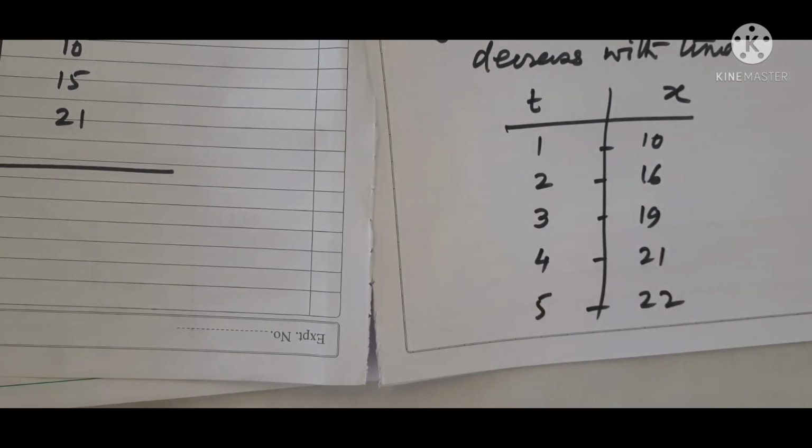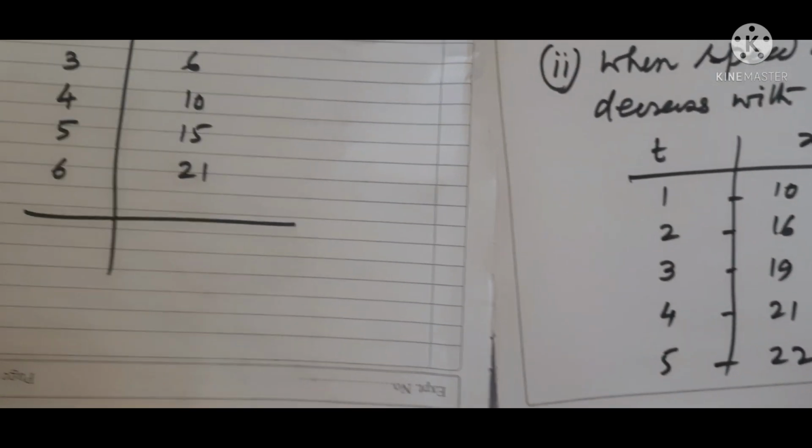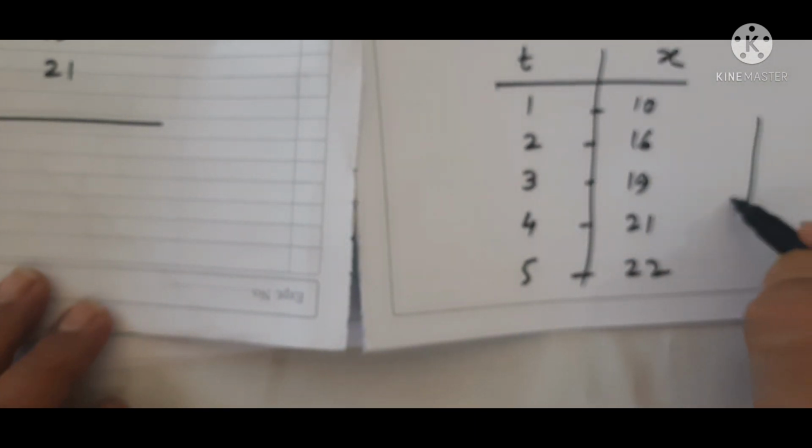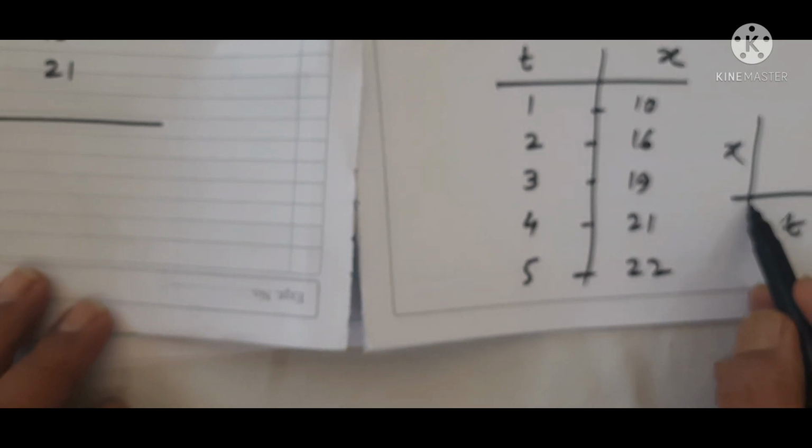Say this data I have taken. Now you have to plot it. If you are plotting this data properly, the xt graph, distance time graph, what should be the nature of the graph?